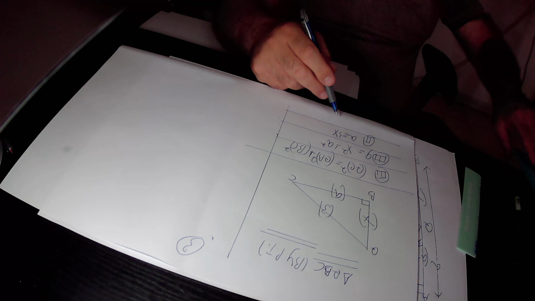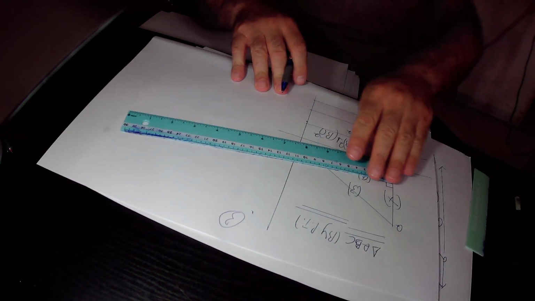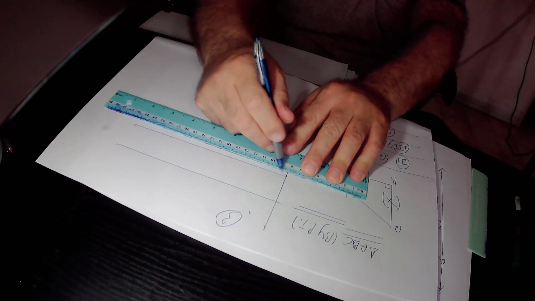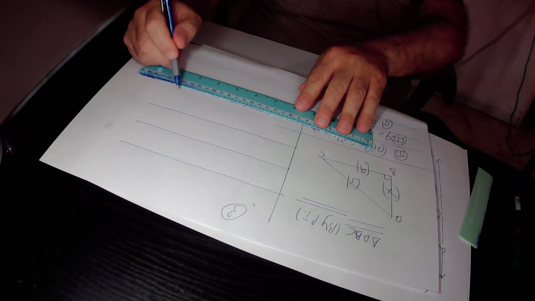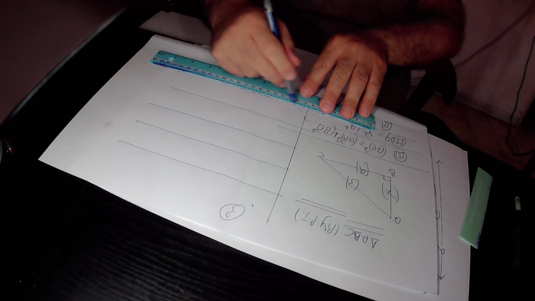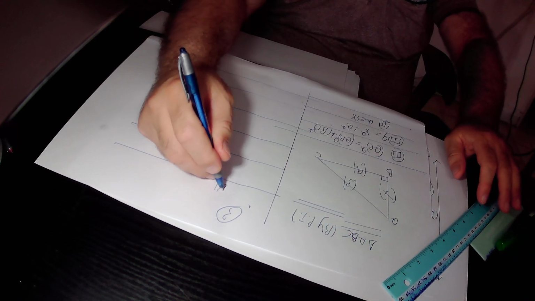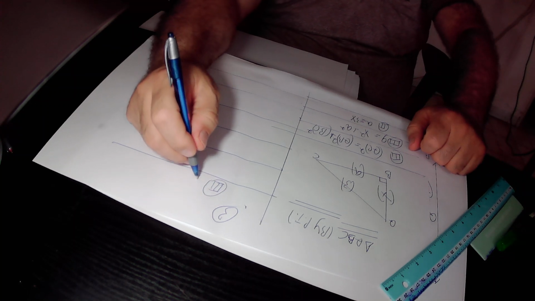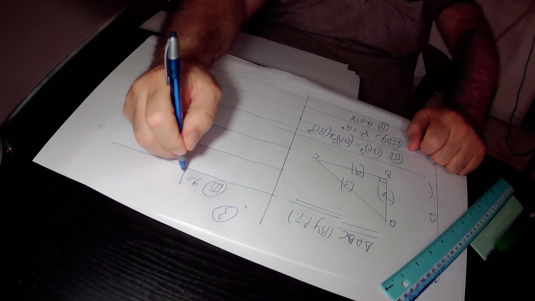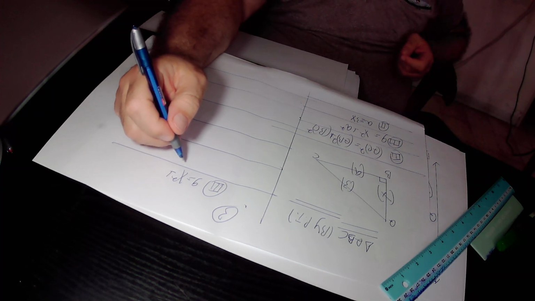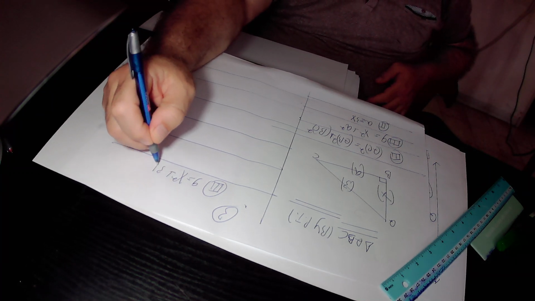We do it now and we get that 9 equals x squared plus a squared, and a squared according to equation 2 is 3x squared.